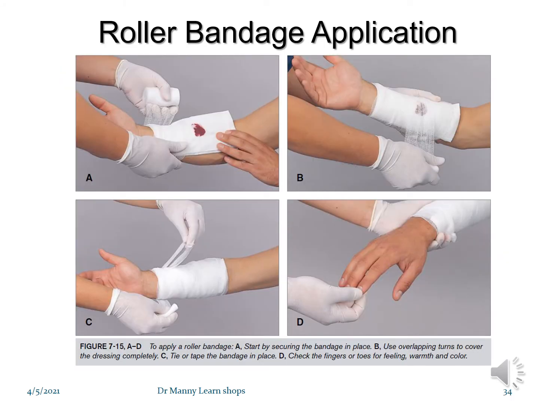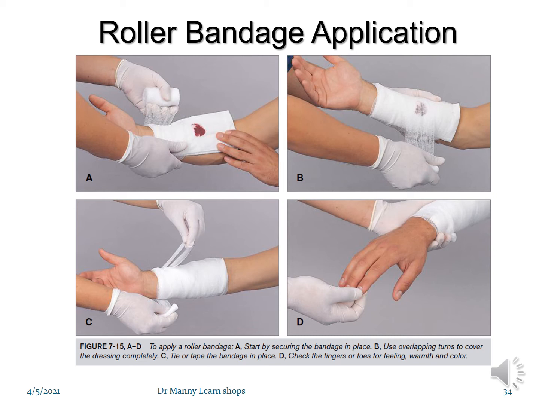What are the steps in a roller bandage application? A. Start by securing the dressing with the bandage in place. B. Use an overlapping technique that covers the dressing completely. C. When completed, tie or tape the bandage in place.